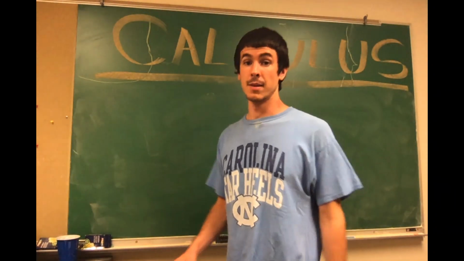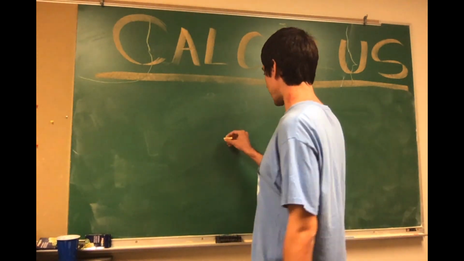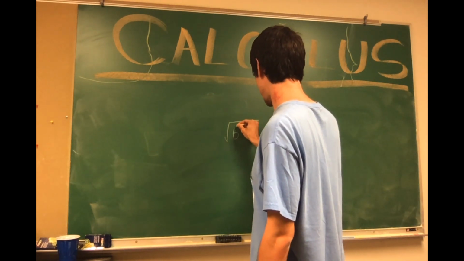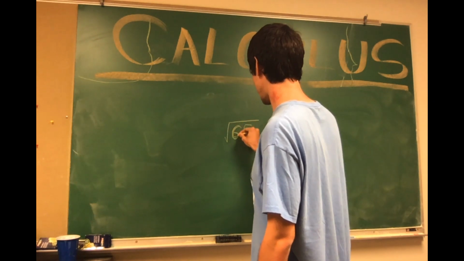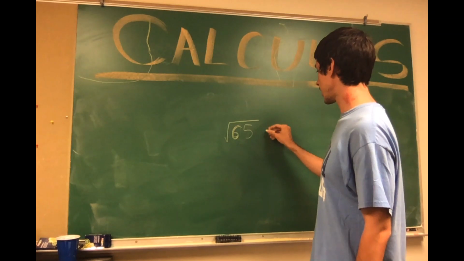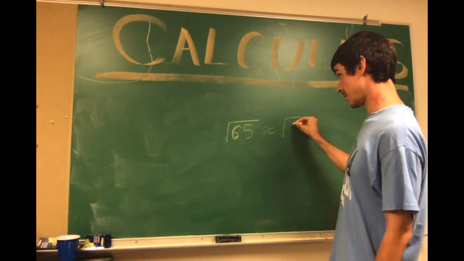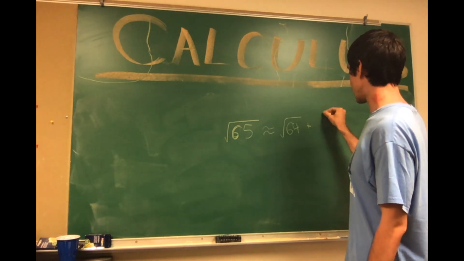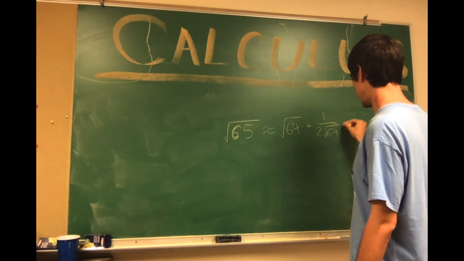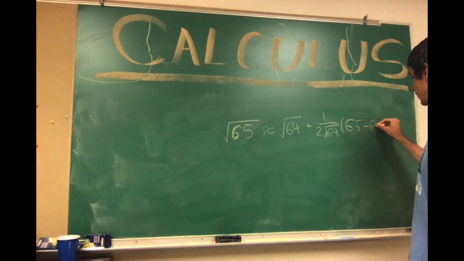So let's try improving on our square root approximation, the square root of 65. Before we did a linear approximation of this, and we had square root of 64 plus 1 over 2 times square root of 64 times 65 minus 64.